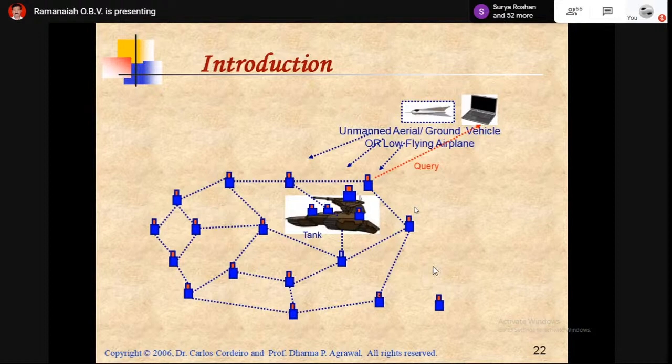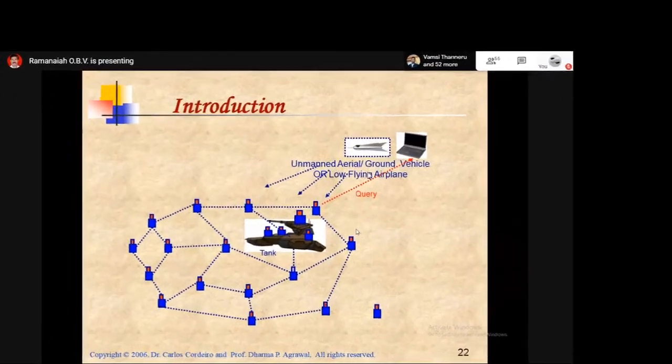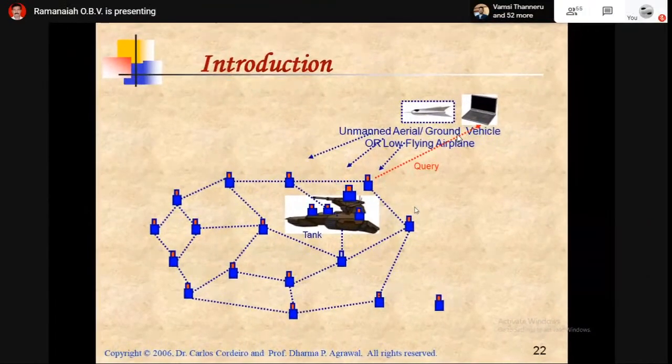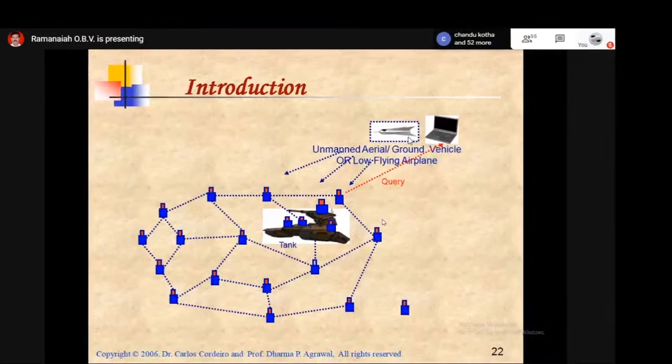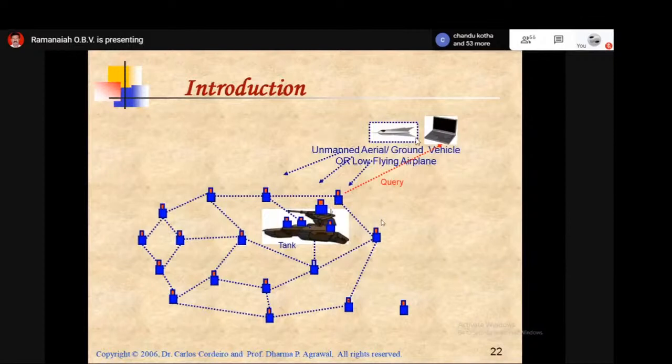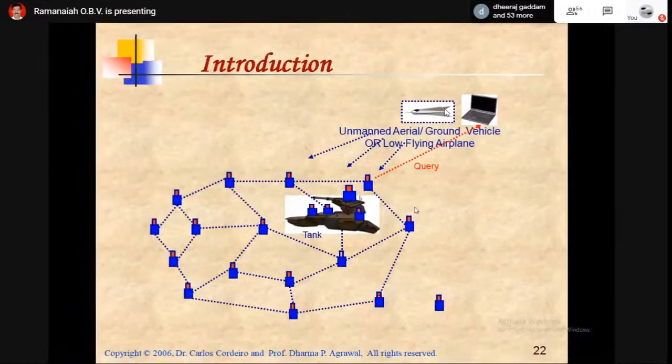And the base station is also mobile. When the sensor nodes are deployed, they take their positions randomly on the ground. And as it is a military application, some nodes may get landed on a moving tanker.